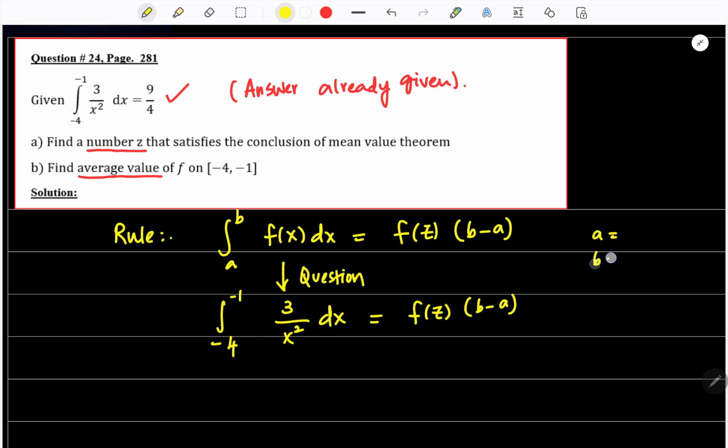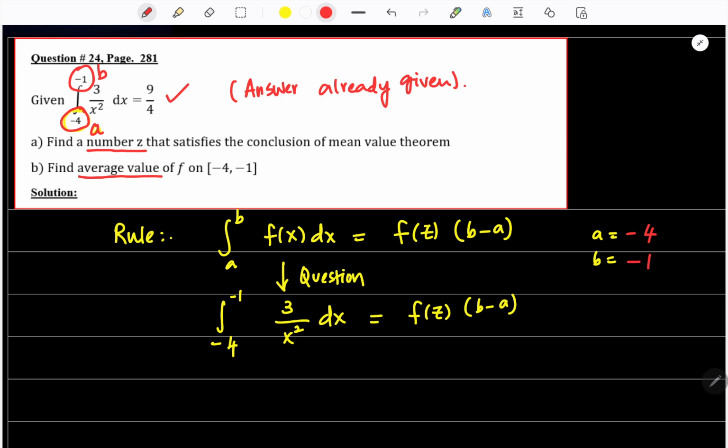What is your a? What is your b? Your a is this one and your b is this one. So a is equal to minus 4, and b is equal to minus 1.